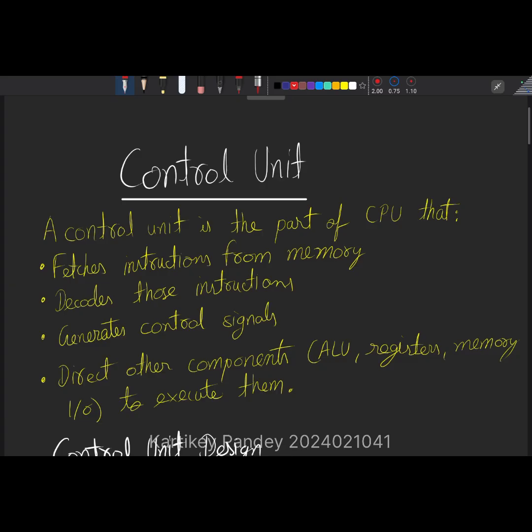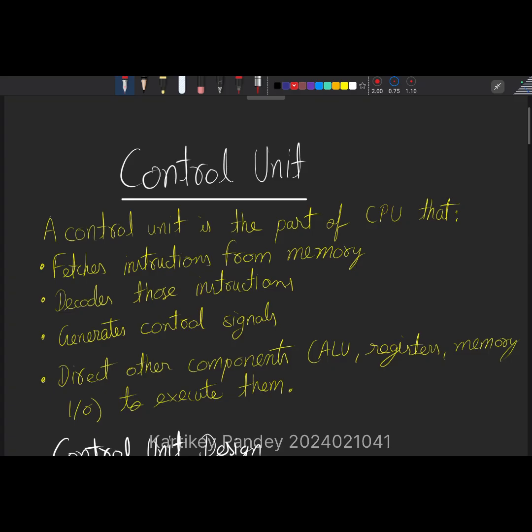So we can say that the control unit is the brain of the CPU. It directs all operations by generating control signals that coordinate register transfers, ALU operations, memory access, and input output operations.